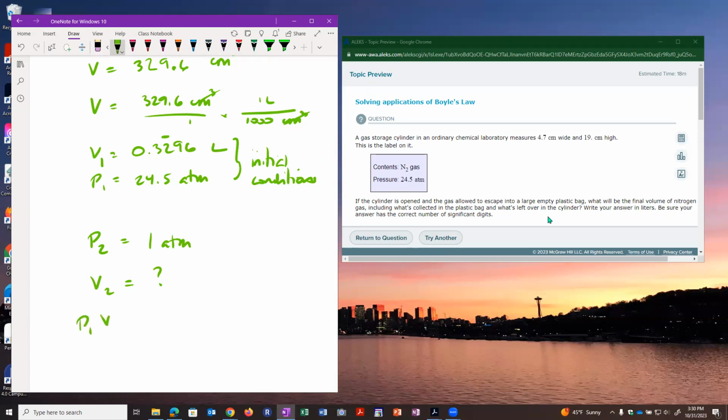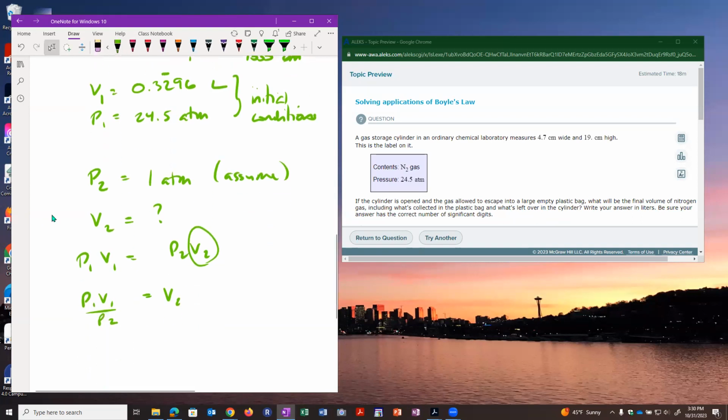So if I have my P1, V1 is equal to P2, V2, and I need to solve this for V2, well, if I rearrange my equation, V2 will be equal to P1, V1 over P2. And I'm going to substitute my values into this equation. P1 is 24.5 atmospheres times V1, which was 0.3296.